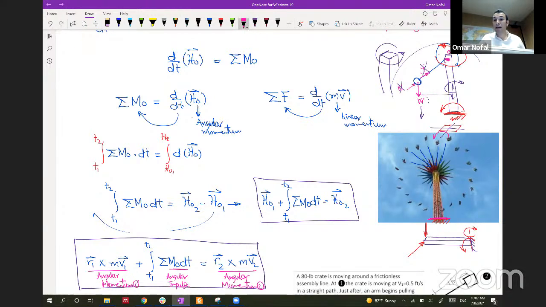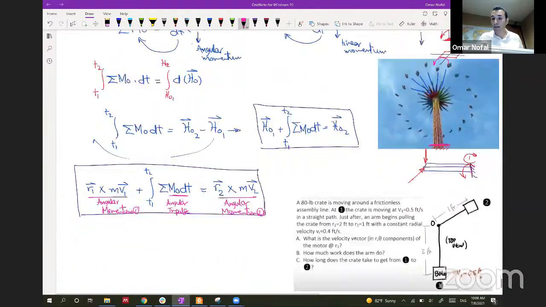But what we are thinking about is the moment that makes something like this, not the moment that makes something like that. That's just the mentality of how to think about how the moment is exerted on the particle. So let's see this in an example.